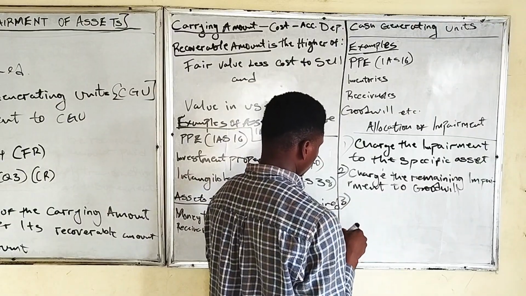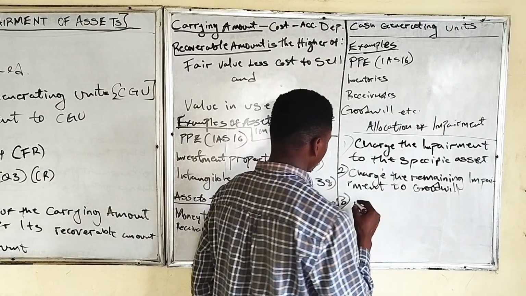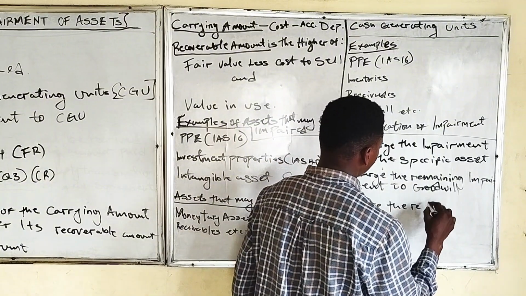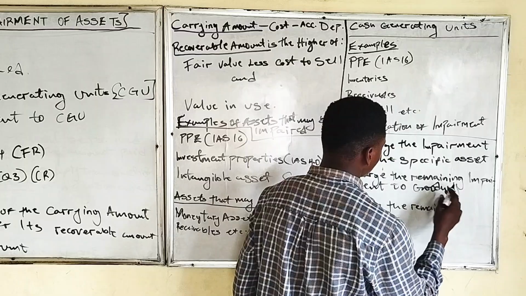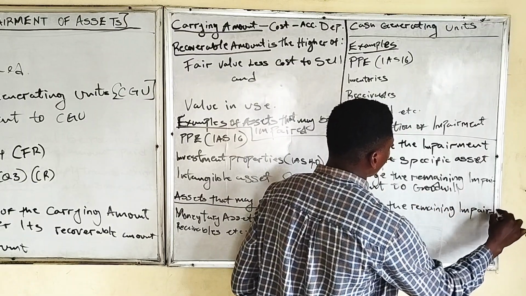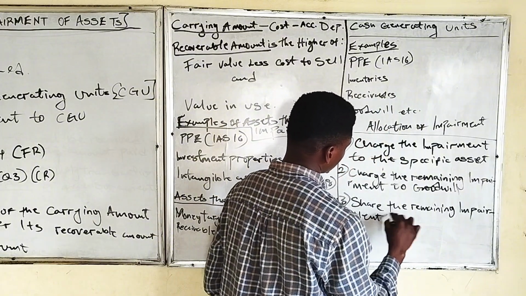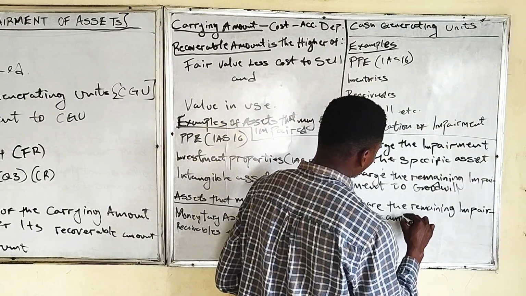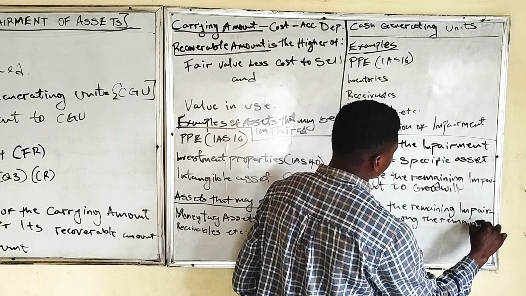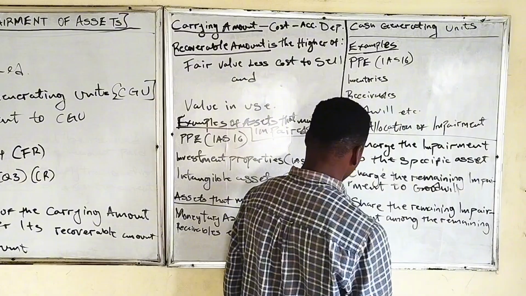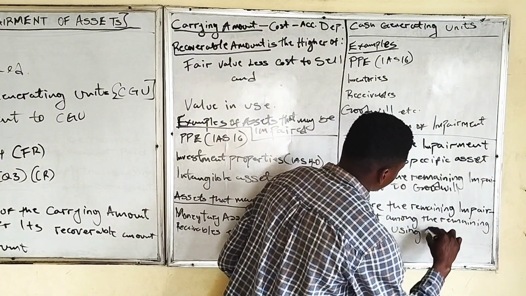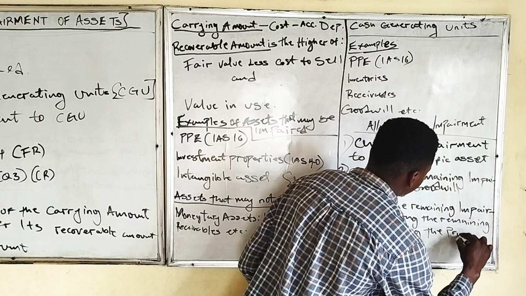Then lastly, you share the remaining impairment among the remaining assets using the pro rata basis.